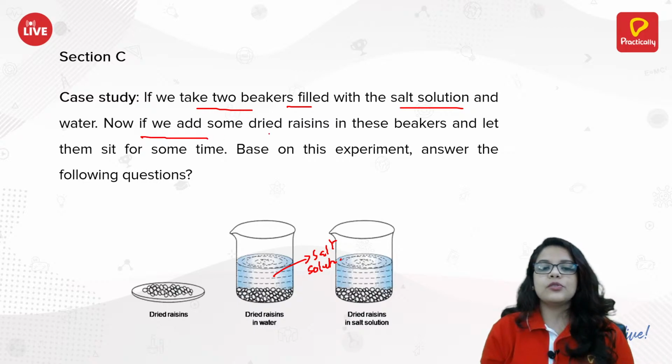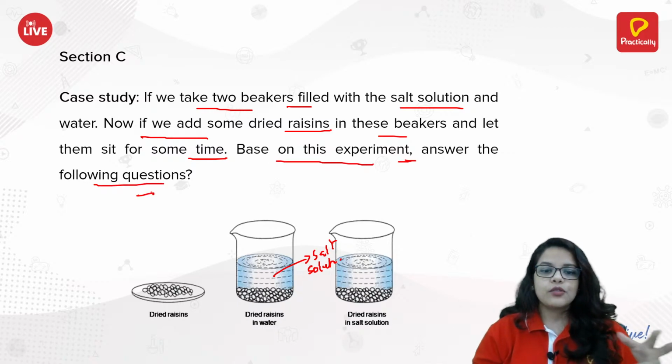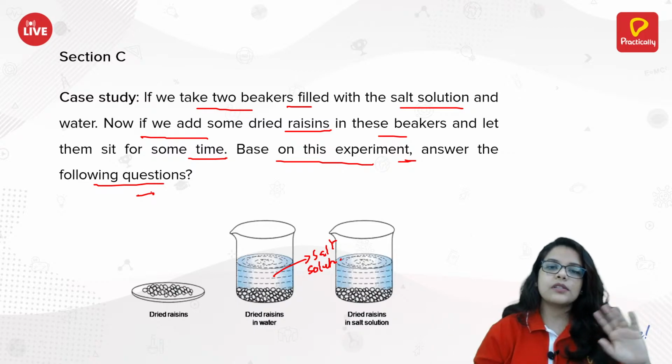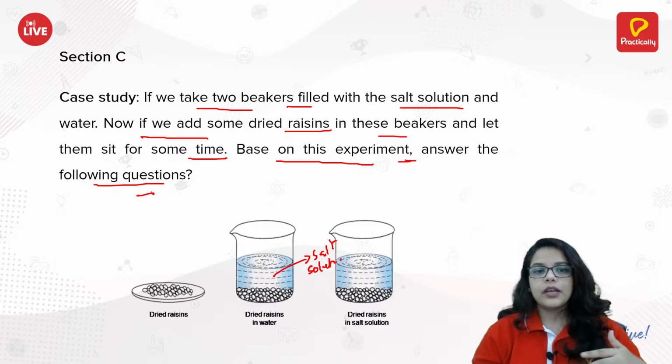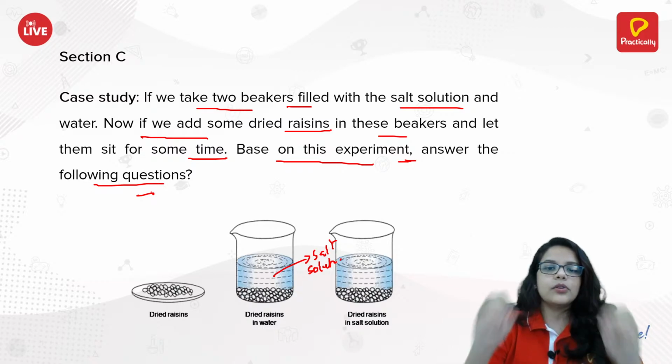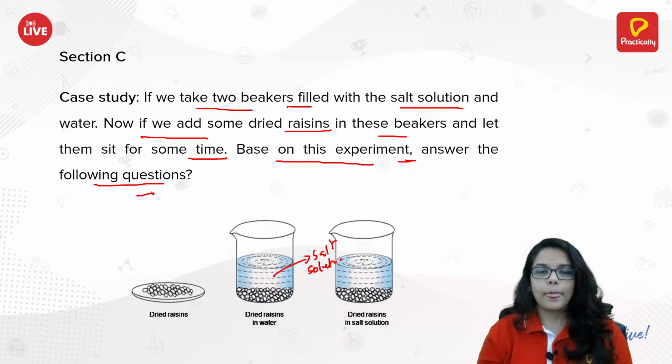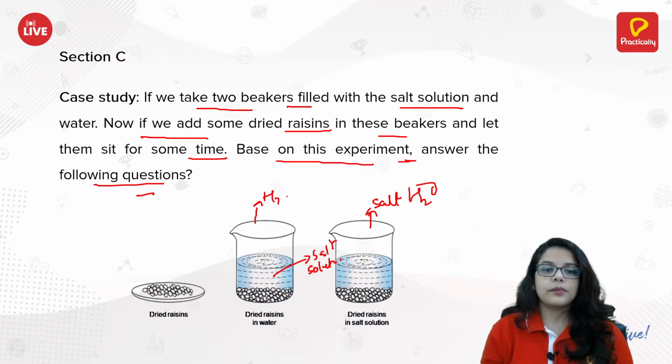Now, if we add some dried raisins in these beakers and let them sit for some time, based on the experiment, answer the following questions. So one beaker has salt water, the other is just water, and there are dry raisins in both.